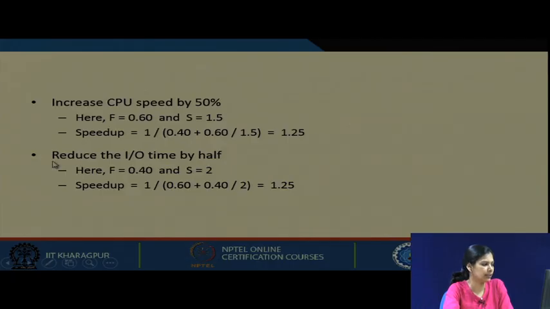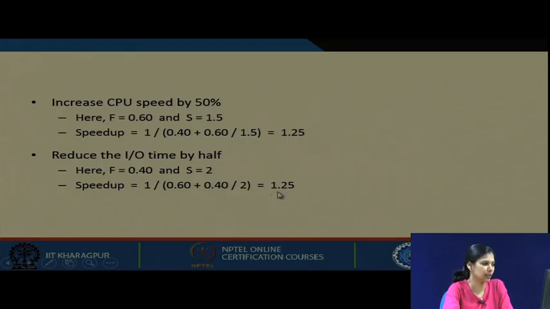Similarly, we say that we reduce the IO time by half. So, as you are reducing IO time by half, that means the speedup you are increasing by a factor of 2. So, in this case f is 0.40 and S is 2. You put it in the formula of speedup, where we put 0.60 as 1 minus f, and this is f by S, and we are getting the same.